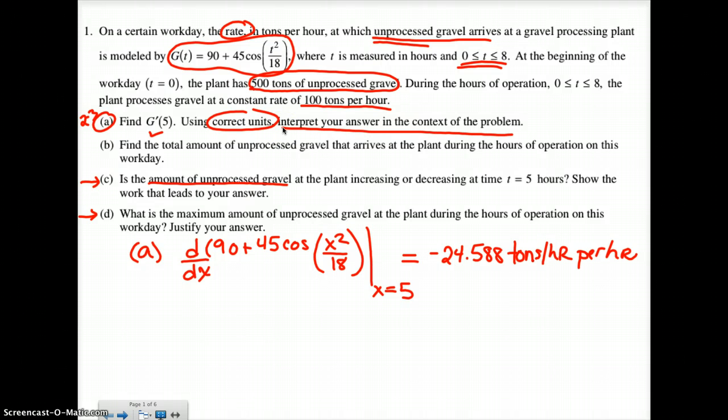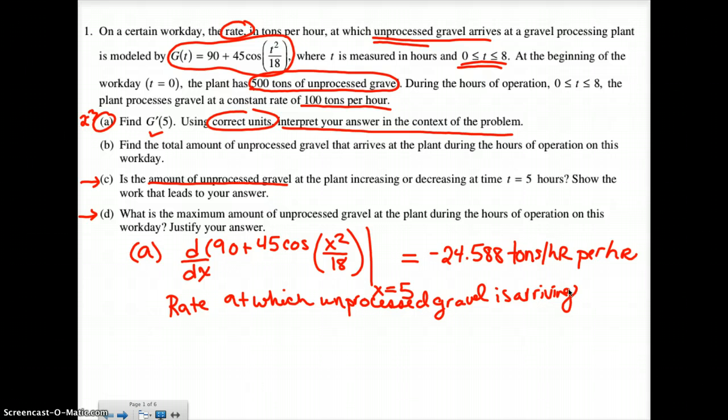So what this basically means is that the rate at which the unprocessed gravel, and I'm sure you don't have to be that specific, is arriving.